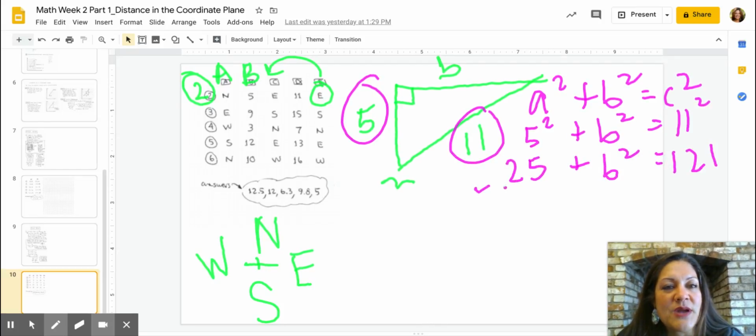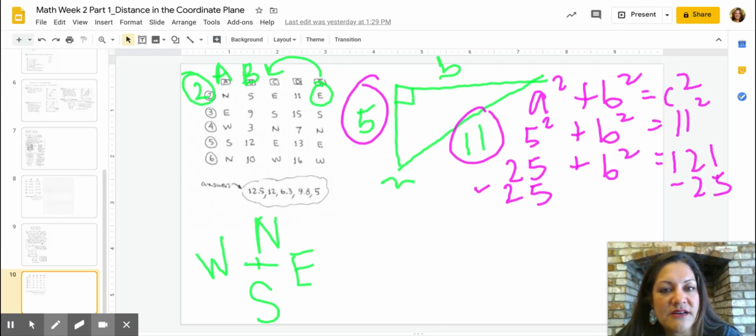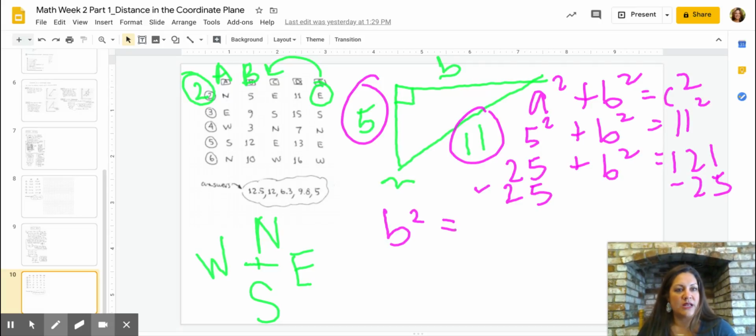We're going to subtract 25 from each side. Running out of room here. So then B, I'm going to scooch it over here. B squared equals 121 minus 25 is, I think, 96.